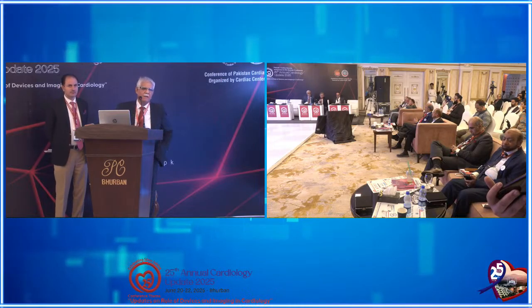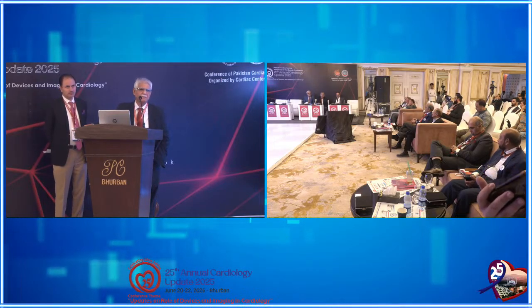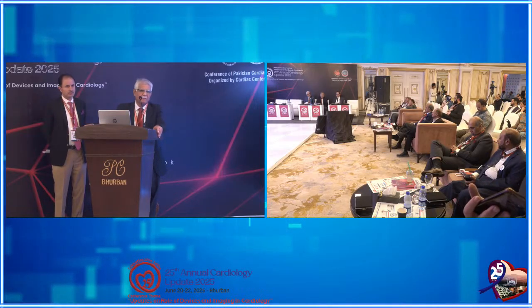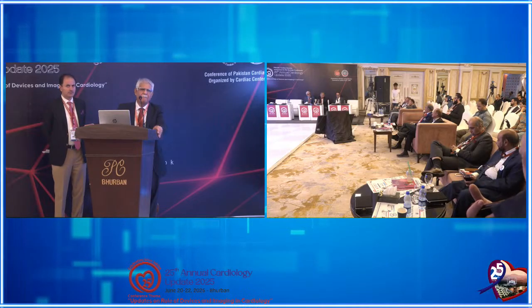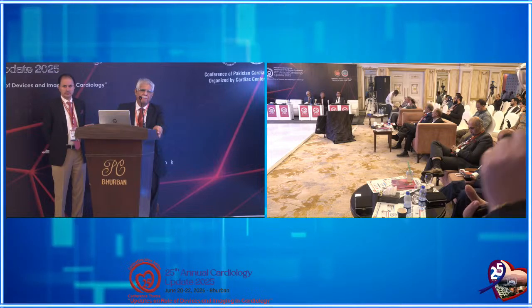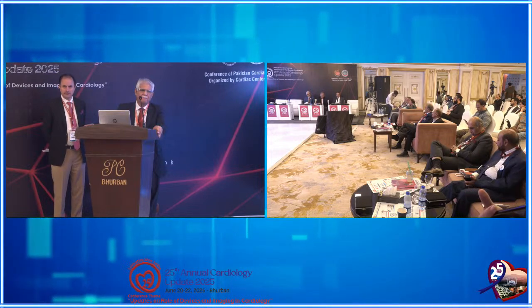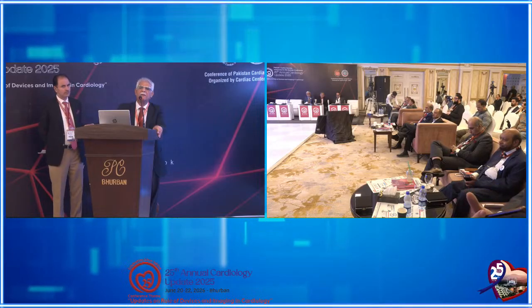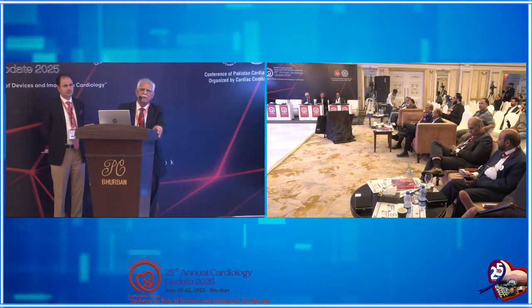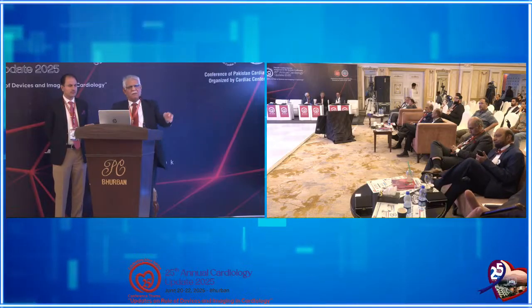I always thought that CTA's specificity is about 97% for exclusion. For assessment of stenosis percentage, what is it? Excluding the disease, if the calcium is 0, then it's 97%.